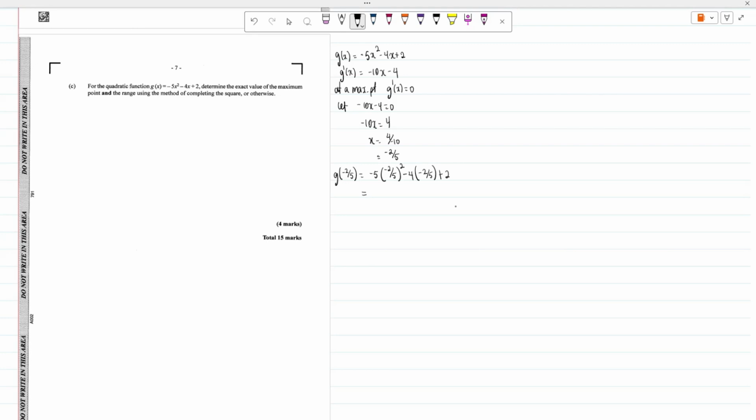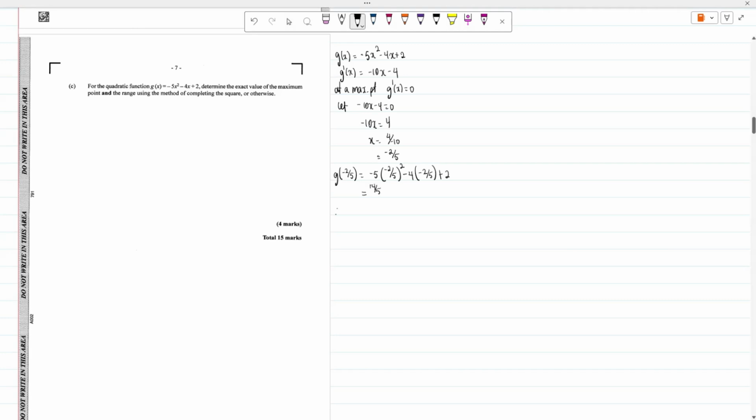I could jump straight into my function terminology and write down g of negative 2.5 to get minus 5 into minus 2/5 squared minus 4 into minus 2/5 plus 2. I get 14 over 5.